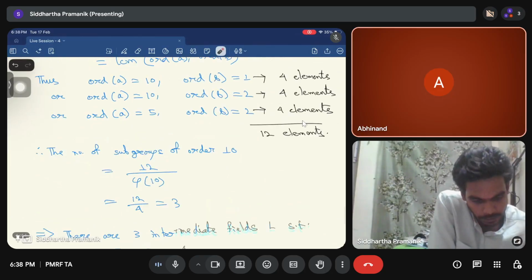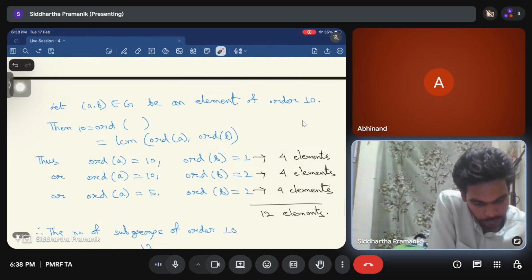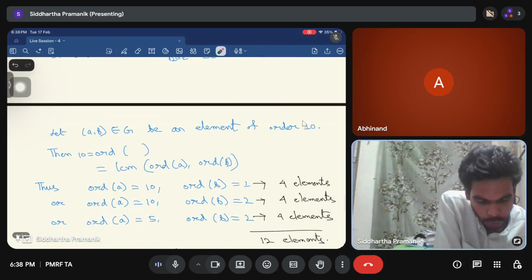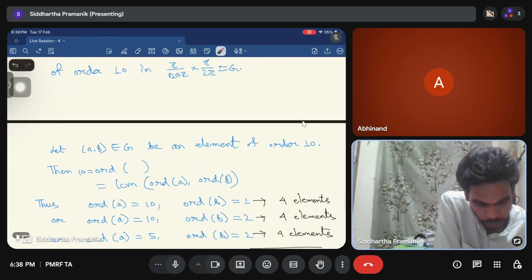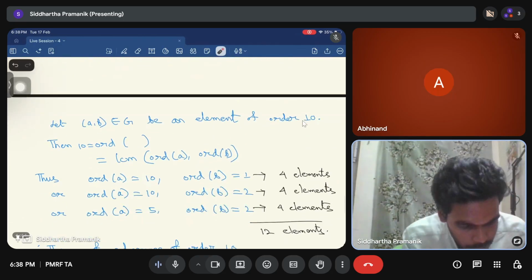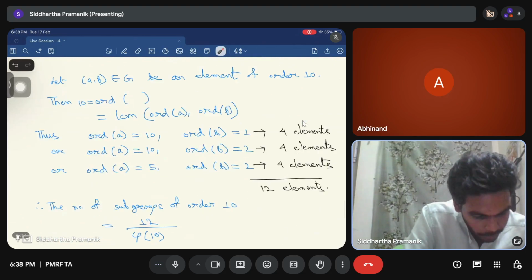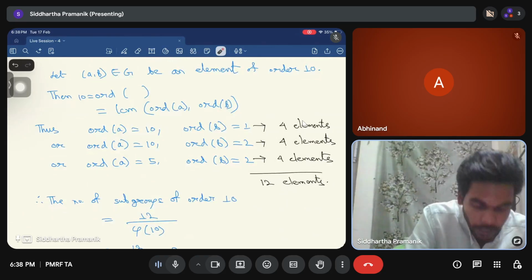Basically what we are doing is finding the total number of subgroups of order 10, right? All such subgroups are cyclic groups, and in a cyclic group of order 10, there are exactly 4 elements of order 10.